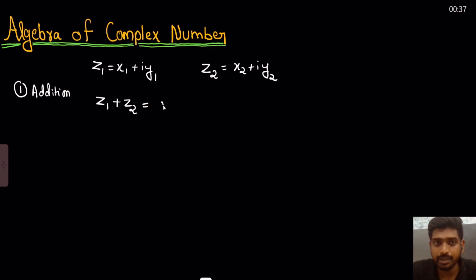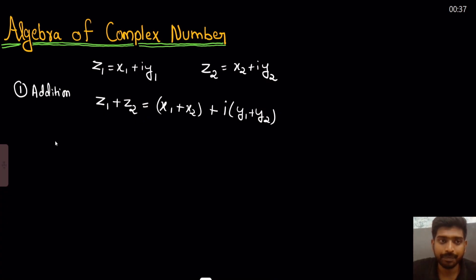Means my answer will be x1 plus x2 as the real part of the resultant complex number, plus iota times y1 plus y2. The real part will get added separately and the imaginary part will get added separately. So the resultant complex number will have a real part x1 plus x2 and the imaginary part y1 plus y2.